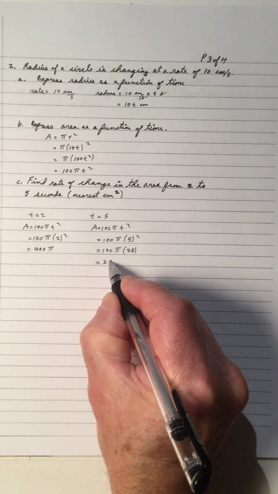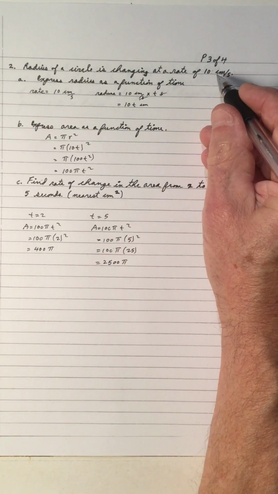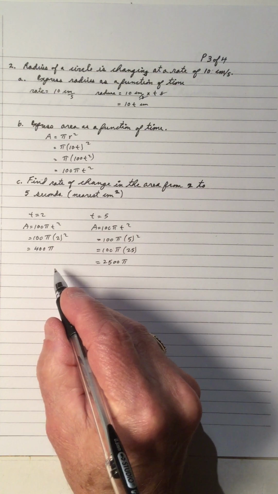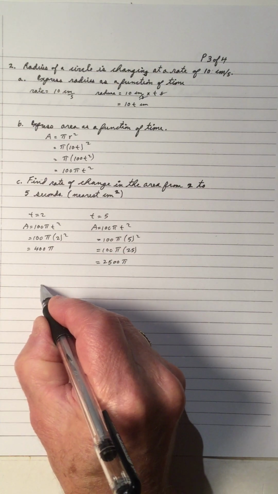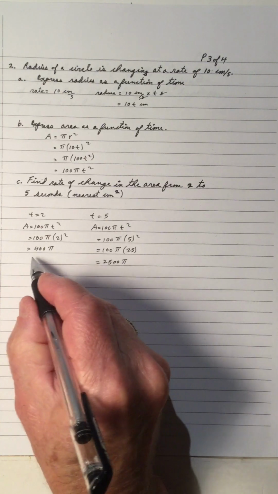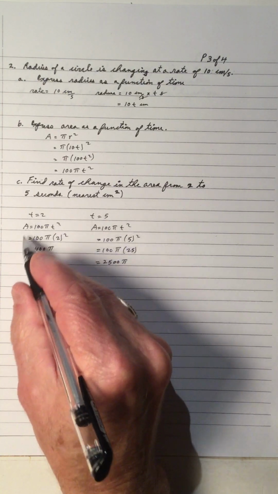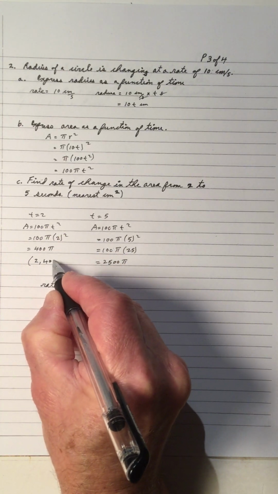So that gives us 2500 pi. And again, it's square centimeters. So what is the rate of change of the area? So the rate of change, which is the slope, is, and this point here, 2 gives us 400 pi.